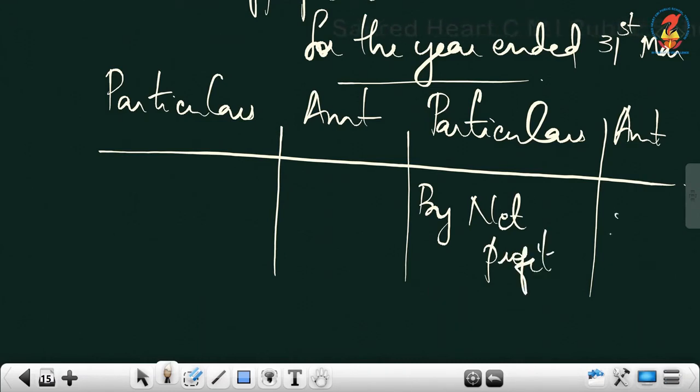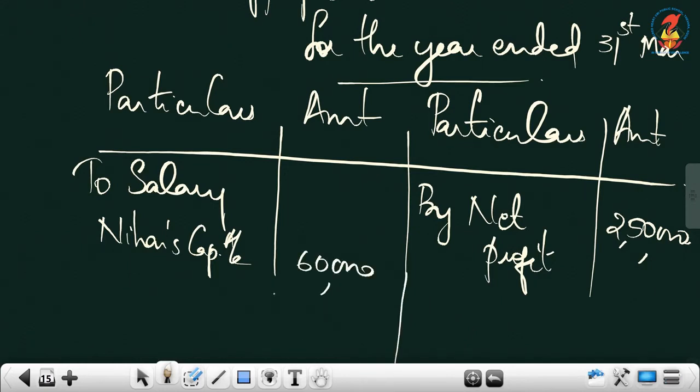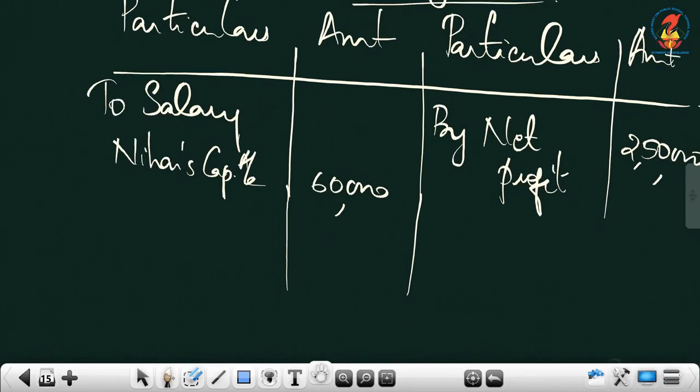Both are correct. Then we have salary, which is to be given to Nihar, so you have to mention that partner's name. To salary, Nihar's capital account, the amount is 60,000. Since you are paying only to Nihar, you just write that amount in the outer column.